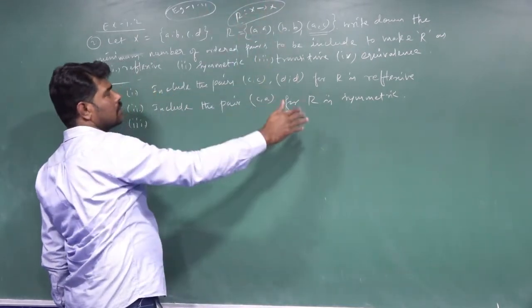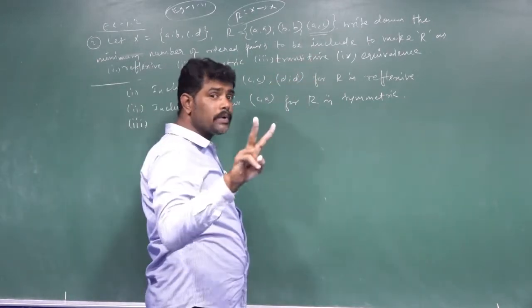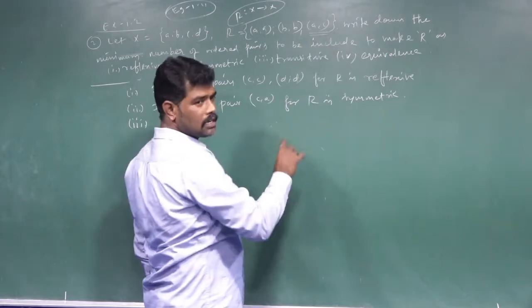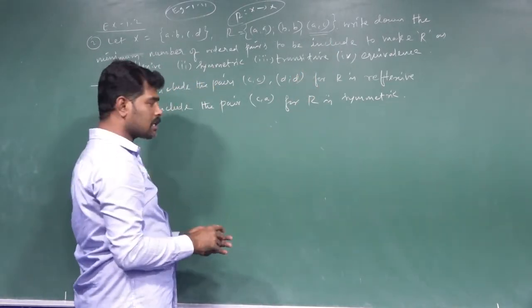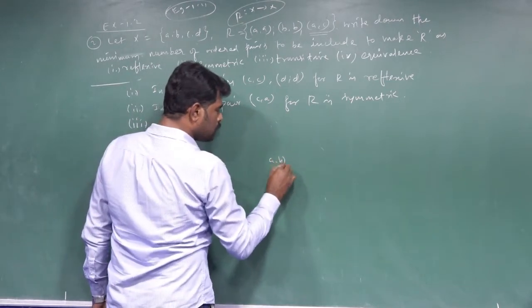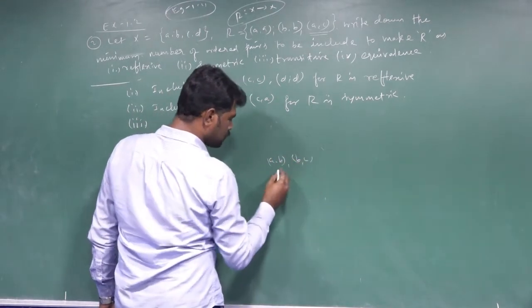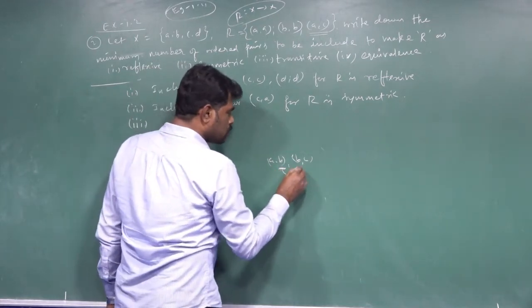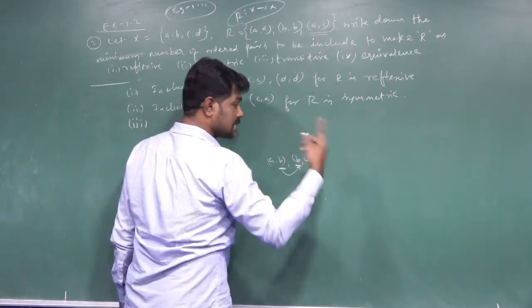Then for transitive, two pairs AB, BC are needed. Here only one pair is there, A comma C. What is the condition in transitive? AB, BC: the second element in the first pair should be the first element in the second pair.